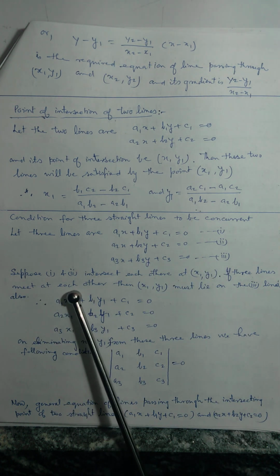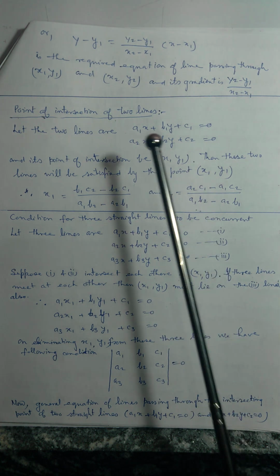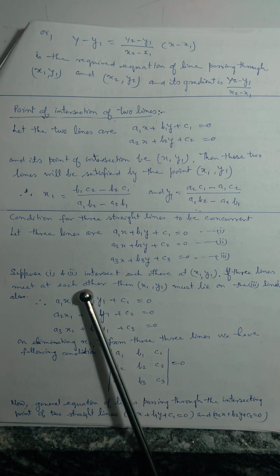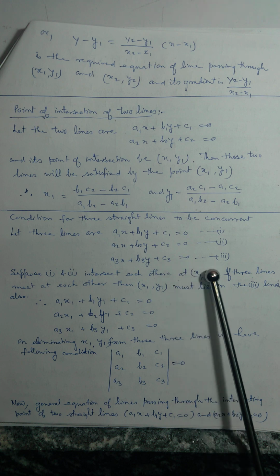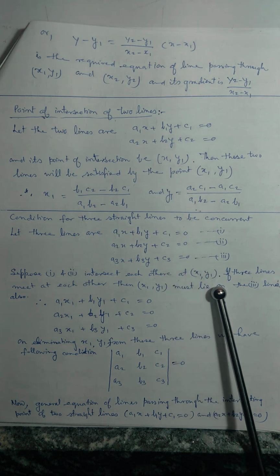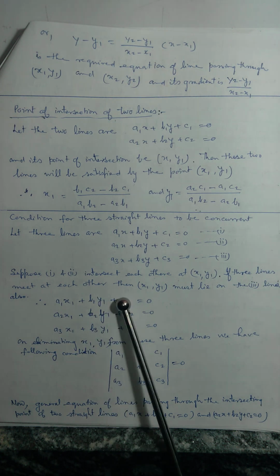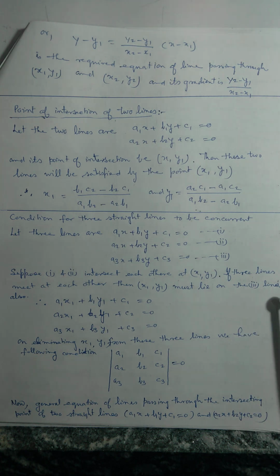Suppose the first and second lines intersect each other at x1, y1, as we have discussed earlier. If the three lines meet at a point, then x1, y1 must lie on the third line.